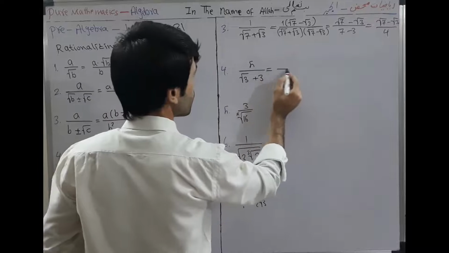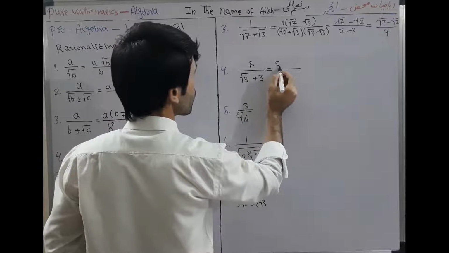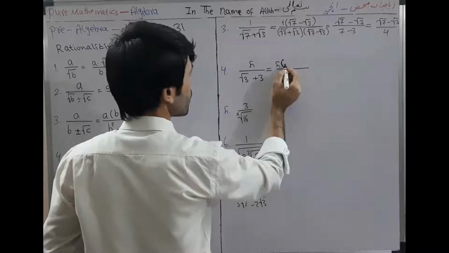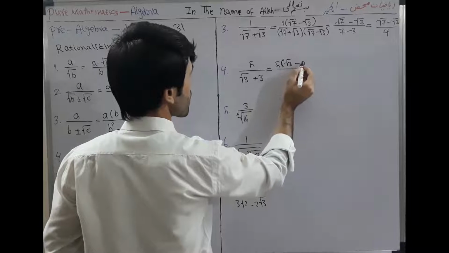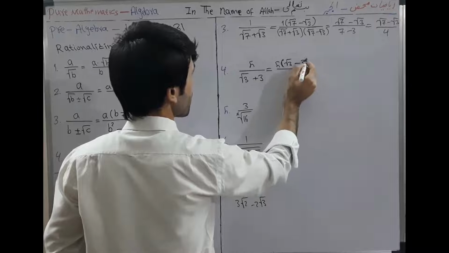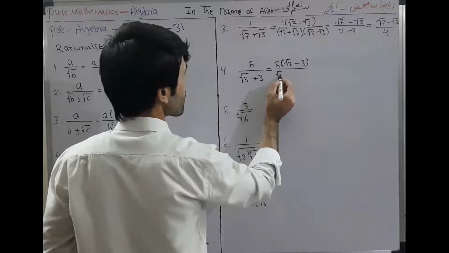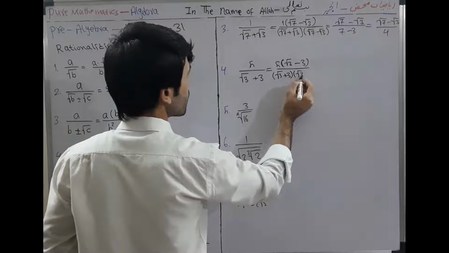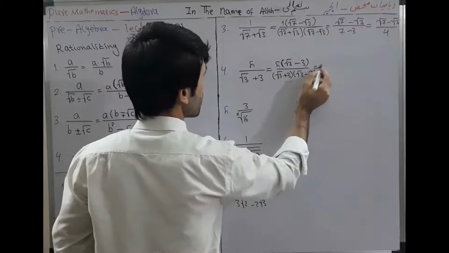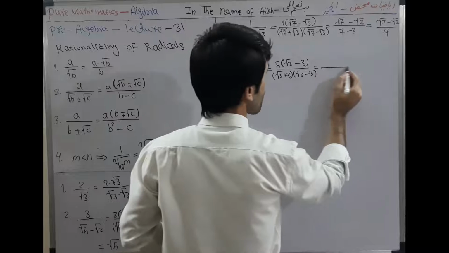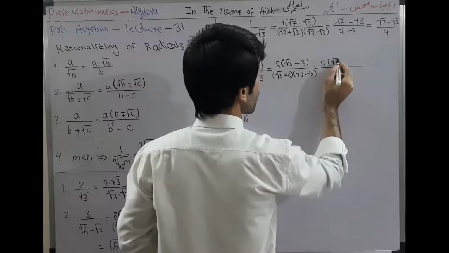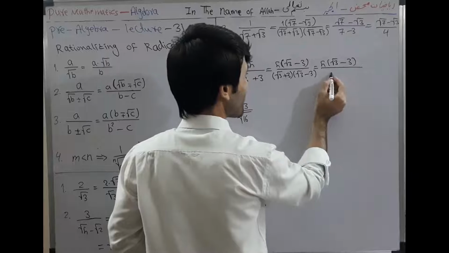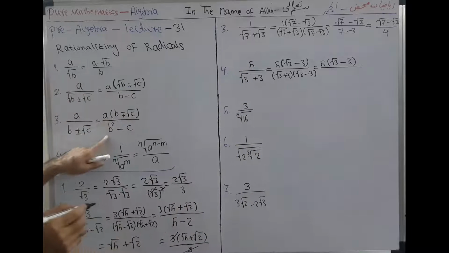It is equal to 5 multiplied by the conjugate of the denominator, square root of 3 minus 3, over square root of 3 plus 3 into square root of 3 minus 3. It is equal to 5 into square root of 3 minus 3 over, we can write like this.